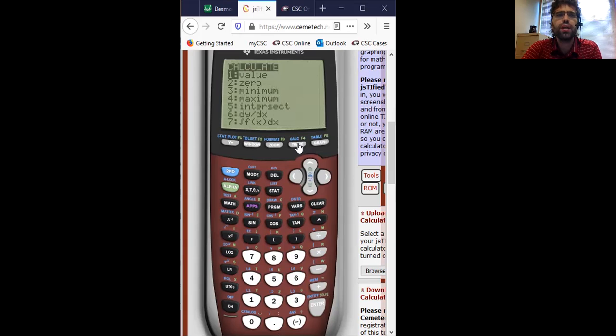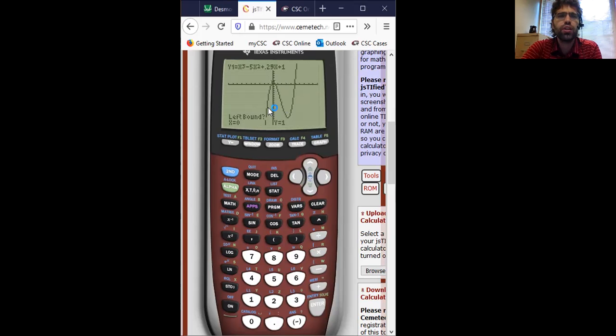And here we are. We see a minimum command and a maximum command. We're going to try to find both of these things. It doesn't matter which we do first. Let's select minimum.